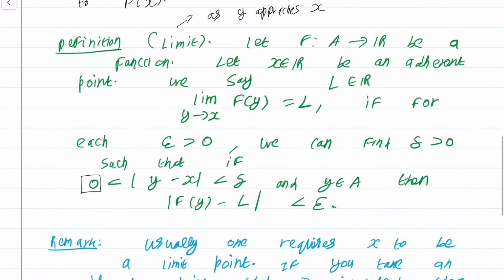Even though I have written adherent point, let me just change it to be a limit point. I just wanted to illustrate what will go wrong.